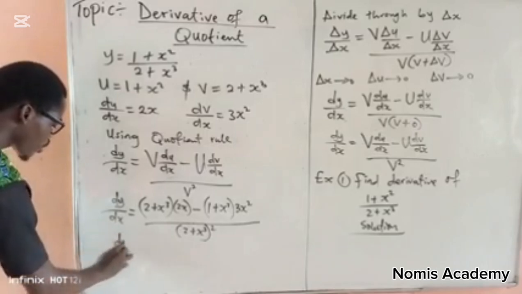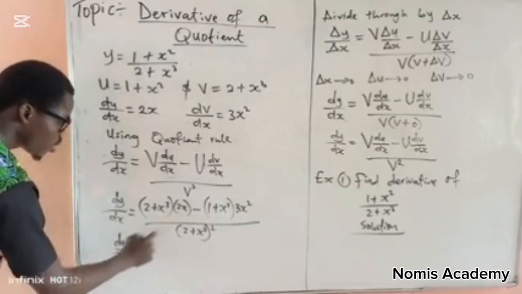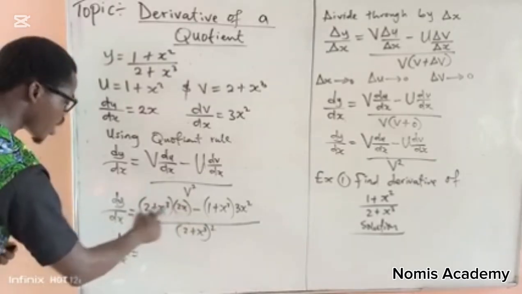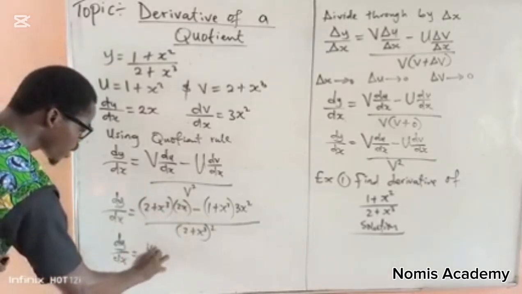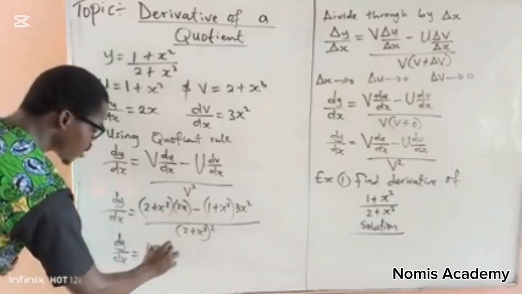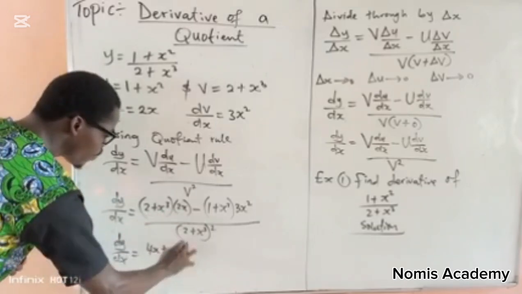dy over dx is equal to, we can multiply 2x into the bracket. So 2x times 2 is 4x, plus 2x times x cubed is 2x raised to the power of 4.